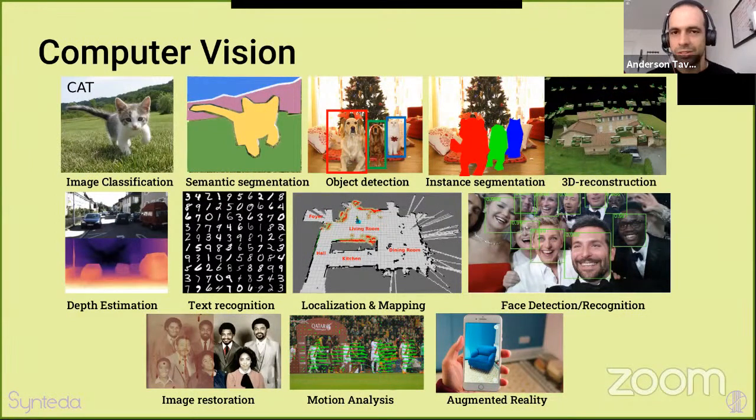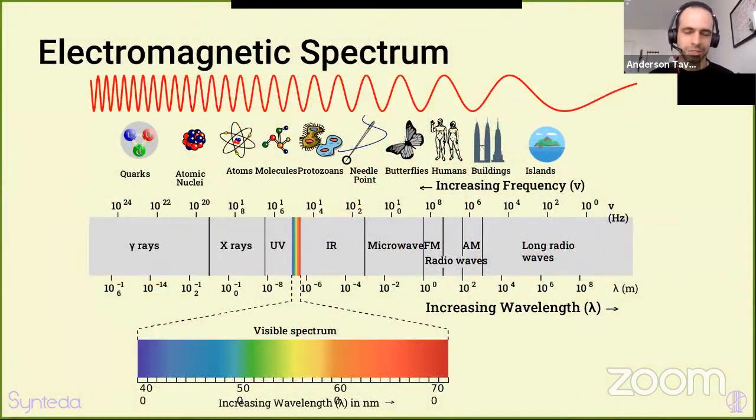And I would like to focus more on the vision side. But in order to understand vision, it would be nice to understand the light itself, because we see just a fraction of the light. The light is only a fraction of this large range of electromagnetic rays. And here we have also the relative size of the wavelength of the ray.